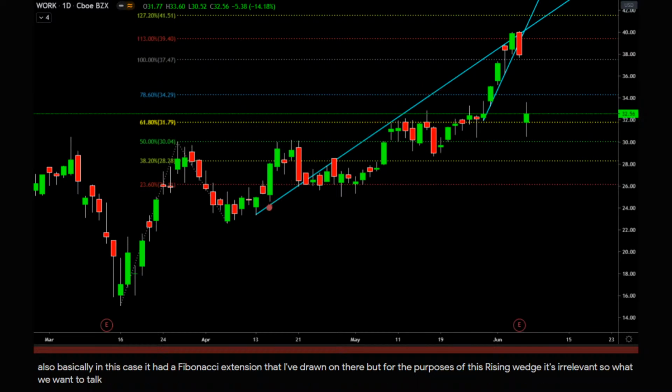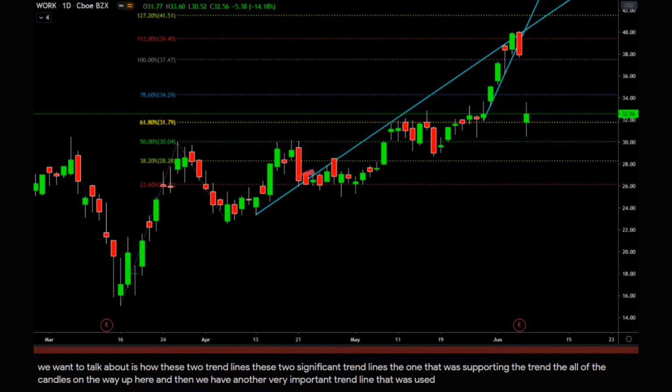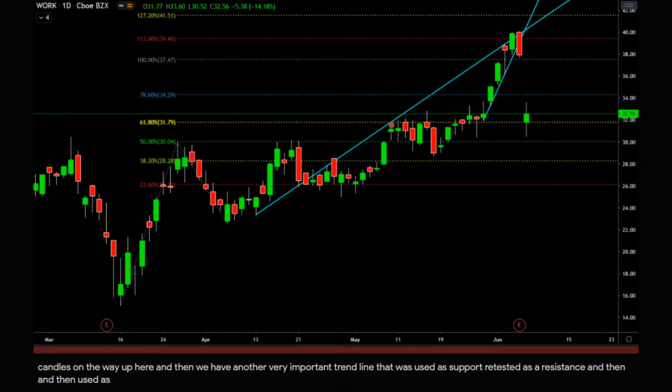What we want to talk about is these two significant trend lines: the one that was supporting the trend, with all of the candles on the way up here, and then another very important trend line that was used as support, retested as resistance, and then used as resistance again at a very significant 61.8 extension level. And then in the future, we came up to hit it again at a 113 extension level.